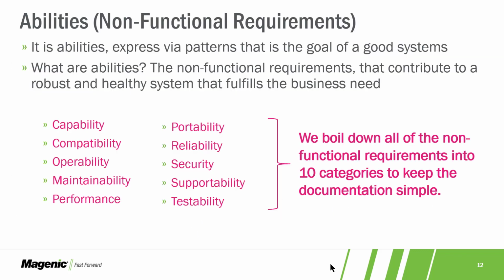So the other thing is, as developers, we have to consider the abilities. And if you go out and Google non-functional requirements list, you will get a million different opinions about what non-functional requirements are. And we did a little exercise and we said, look, our heads will explode if we have to keep track of 70 non-functional requirement categories, right?